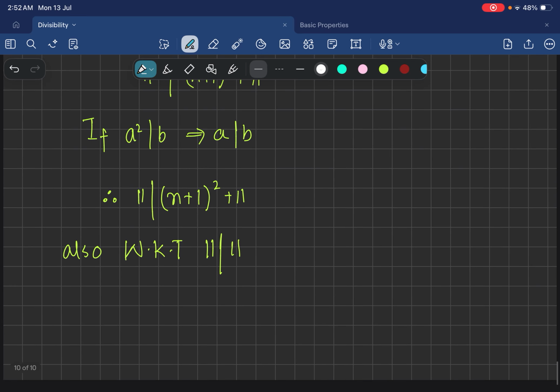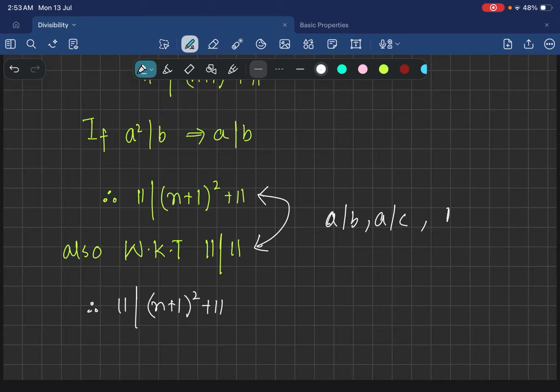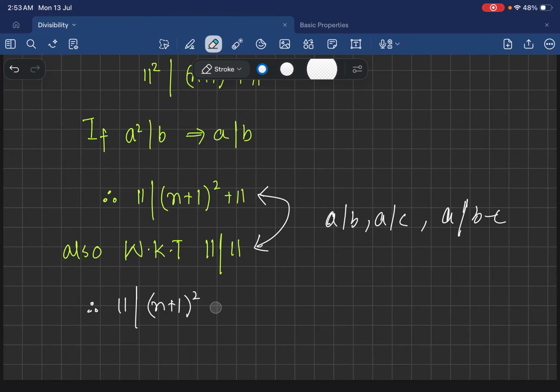Using the subtraction property that I taught you, if a divides b and a divides c, then a will divide b minus c as well. So using that we get 11 divides n plus 1 whole square plus 11 minus 11, which turns out to be n plus 1 whole square.